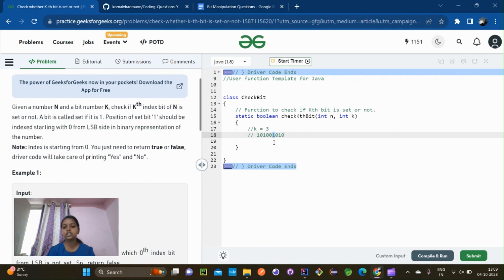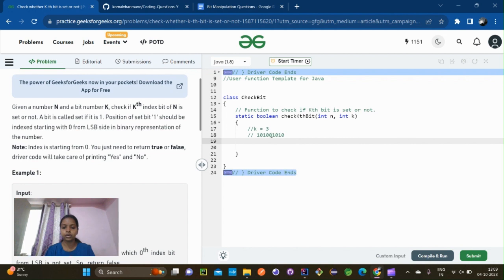So this is the third index, as it is starting from 0. It is given in the question. Read the question properly, then only we'll try to solve. So kth means the fourth bit from the right side, that is the third indexed bit. Okay, so we have to check that.